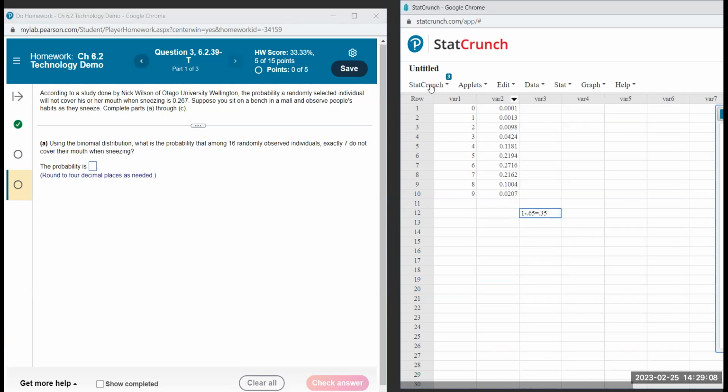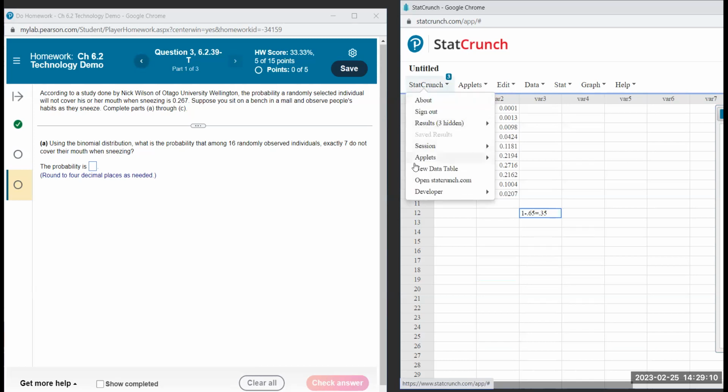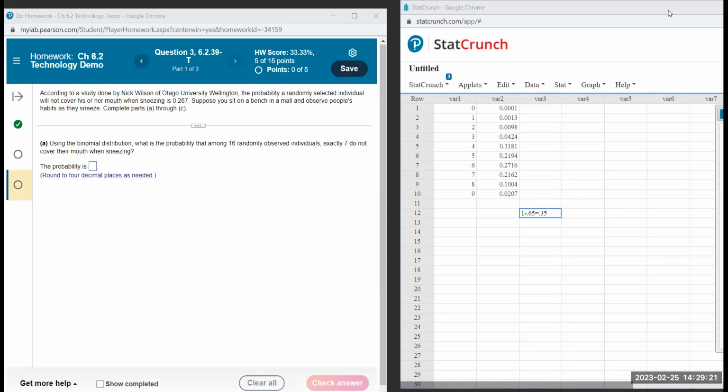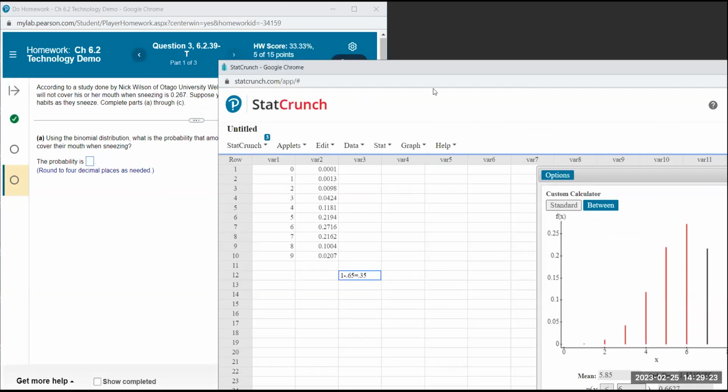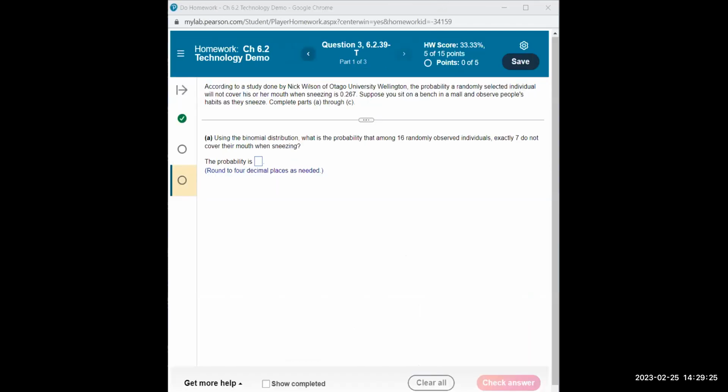If you don't want to see this, you can open a new data table, but not there. It's okay. So I'm going to close mine because it's not the same one. Not going to help me any.